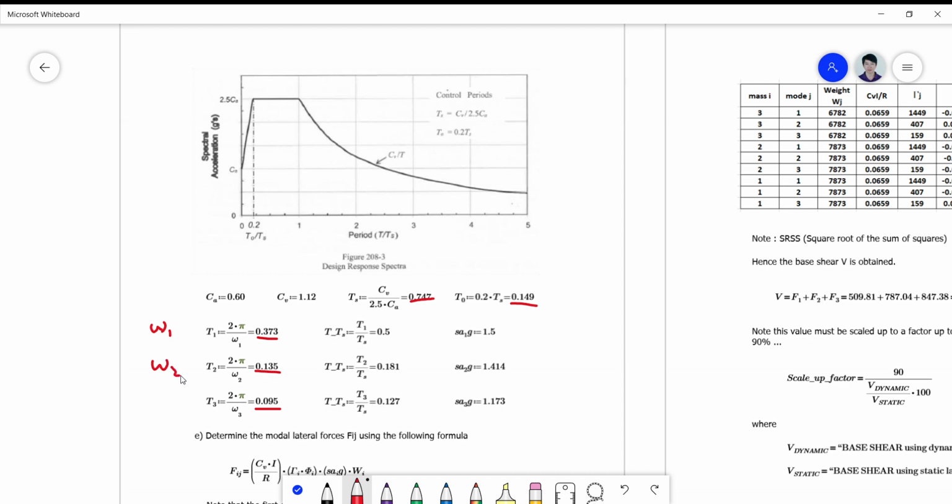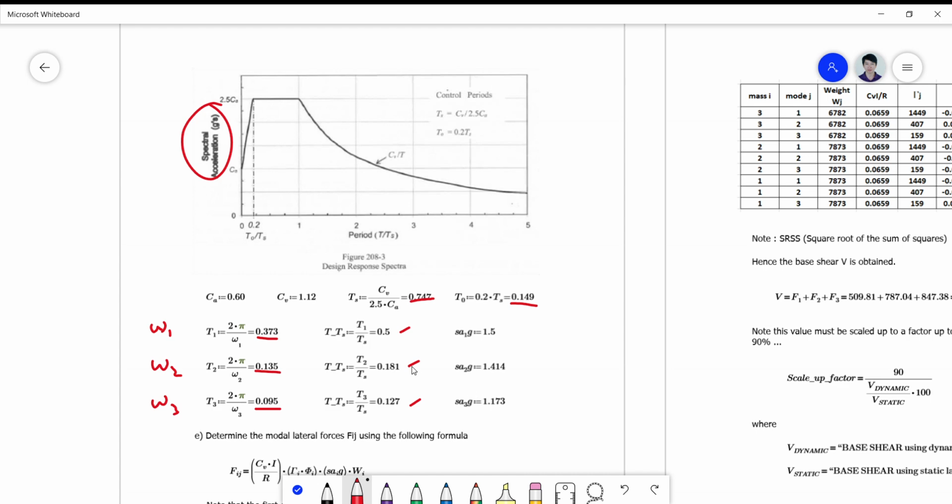So omega 1, omega 2, omega 3. So I just convert it to get your T1 over Ts, T2 over Ts, and T3 over Ts, which is 0.5, 0.181, and 0.127. And then take a look at this SA1G, SA2G, and SA3G. So these are now the spectral acceleration in terms of a normalized acceleration G.